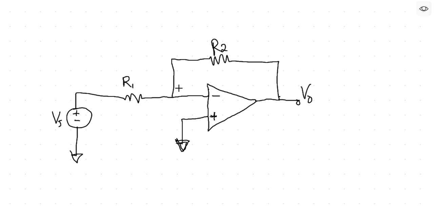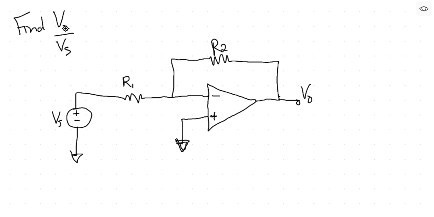Okay, so let's say we completely forgot our memorized gain equation for this, but our task is to find V out, right? Sometimes they'll say, well, go ahead and find V out over Vs. Vs is the input and V out is the output.